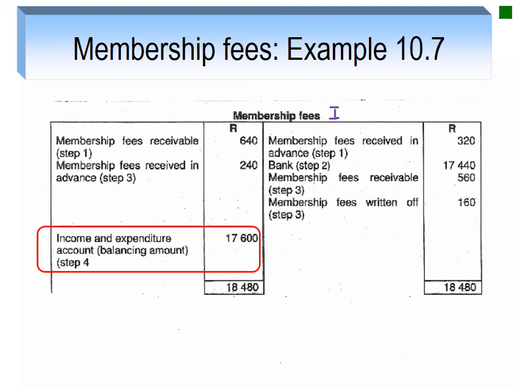But this 17,600 is the amount we calculated that was due to us in total for membership fees for the year. So that will show as income, and the membership fees written off will show as expenses. So this amount will be income for the current year. The membership fees written off will be an expense in the current year.